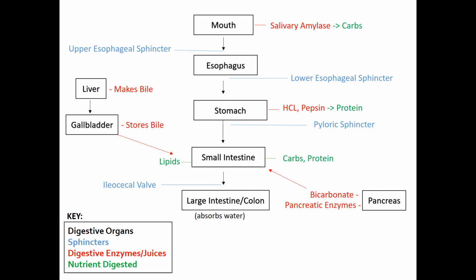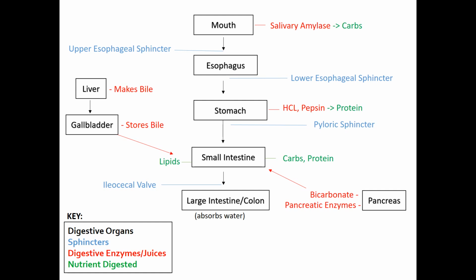So what we have instead is the pancreas making this substance called bicarbonate that is on the complete opposite end of the spectrum when it comes to the pH scale. It's very basic. It's a base, so when it is combined with an acid, it is going to neutralize it.